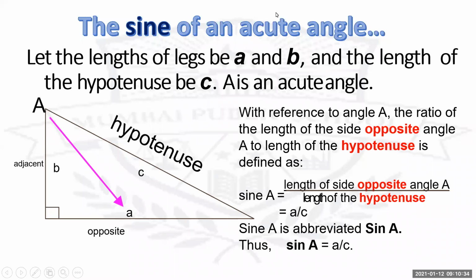Understand? So from that, you will get this as SOH. S of sine, O of opposite, and H of hypotenuse. That is SOH. Understand like this. Now, we'll come to know about the rest from the second and third slides.